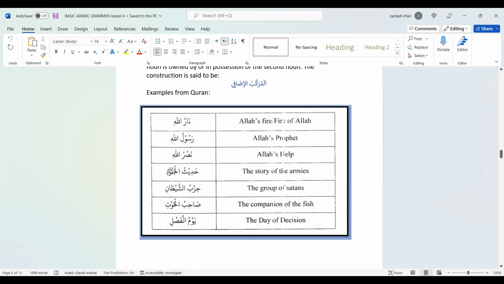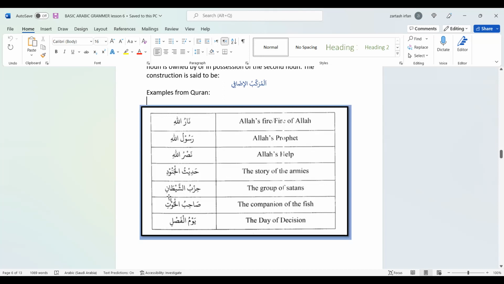Hadithul Junudi. Here, see again the kasra and the al, it is a mudaf ilayh. The story of the armies. Look here, this is the mudaf and this is the mudaf ilayh.